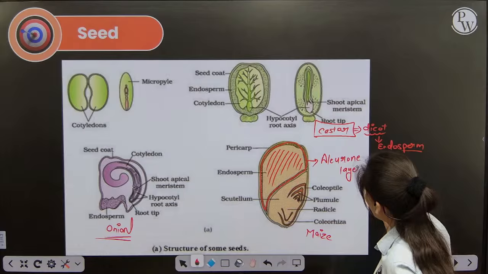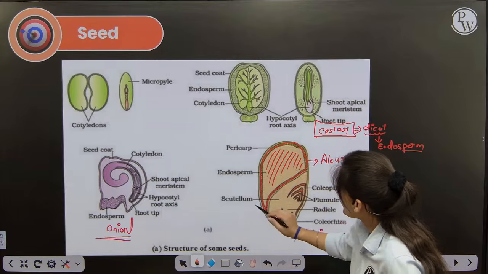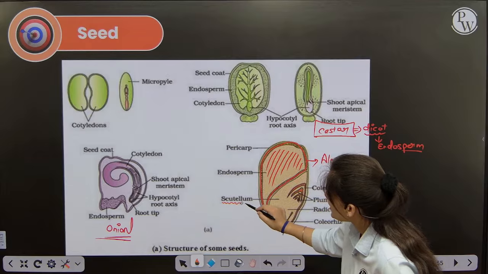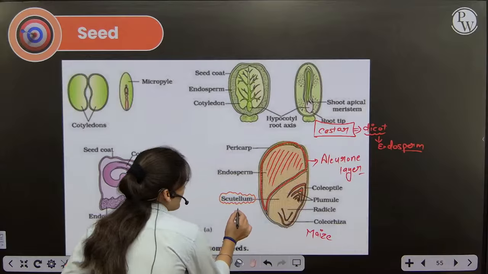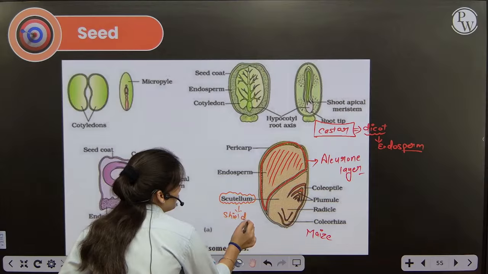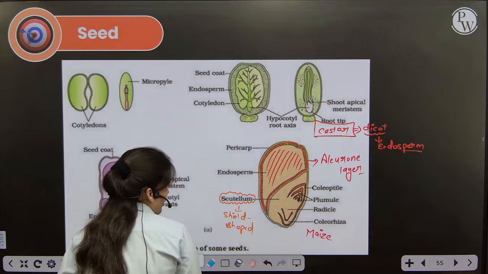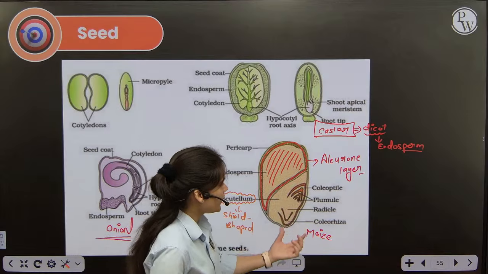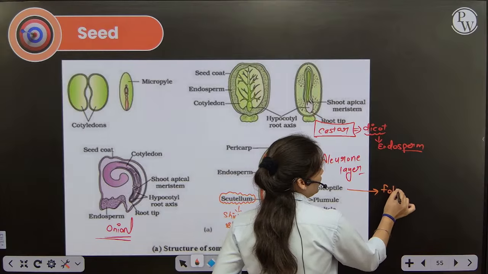This is the aleurone layer. In case of monocots, they have a scutellum, which is present on the lateral side of the embryonal axis. This scutellum has a shield shape, and the embryonal axis has plumule and radicle. Coleoptile is the foliar-like structure around the plumule.